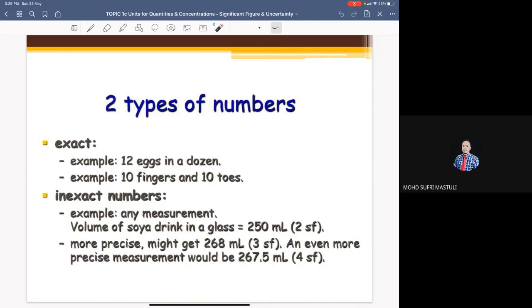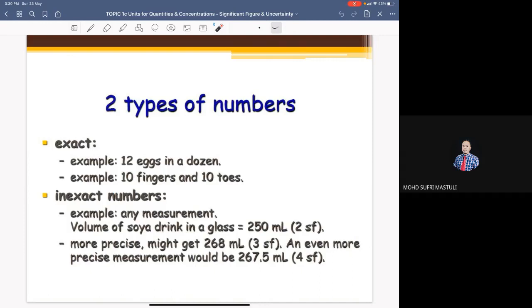For example, the volume of soya drink in a glass. The volume is inexact. It depends on the unit. For example, if the maximum volume of our glass is 250 milliliter, it can be less exact.